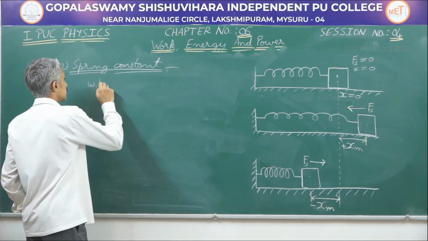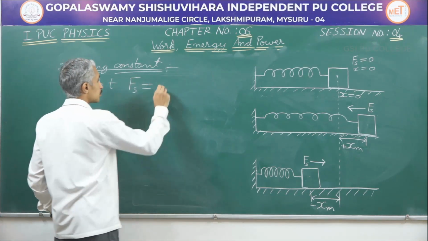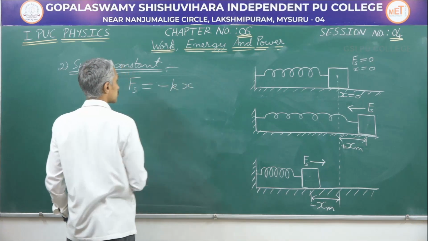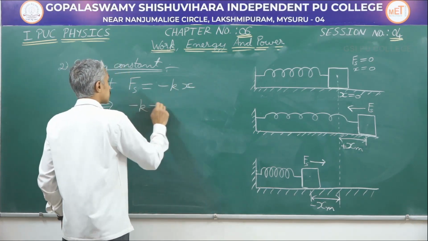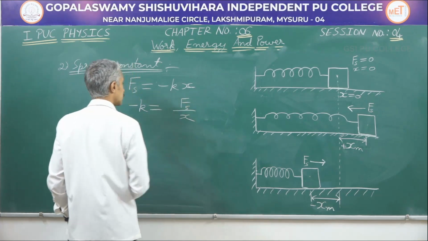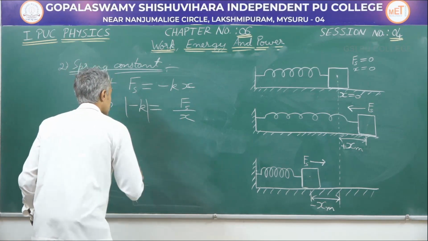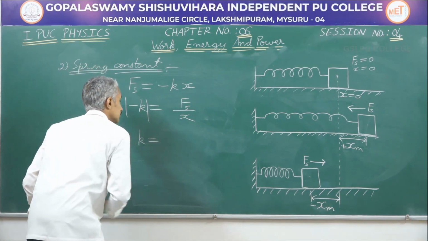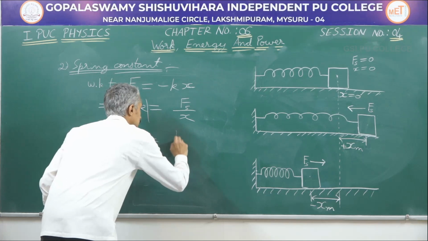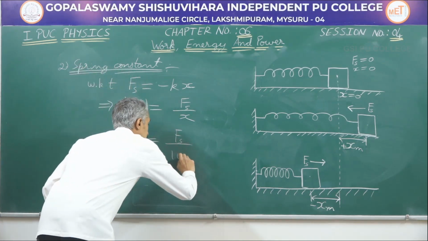So let us see. We know that the restoring force of a spring is given by minus k into x, which implies minus k is equal to Fs by x. In terms of magnitude, it is just F by x, and this k is now F, if we make x as 1 unit.